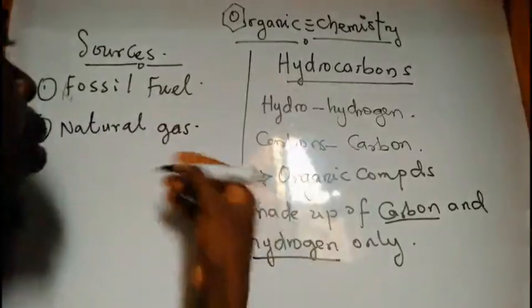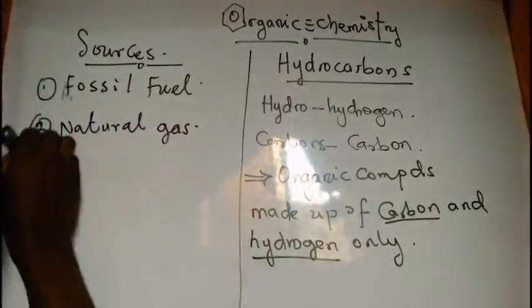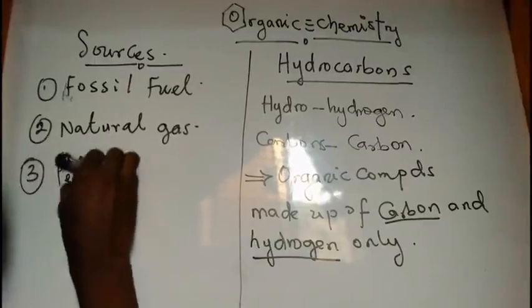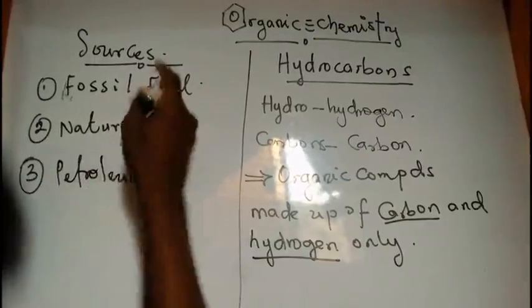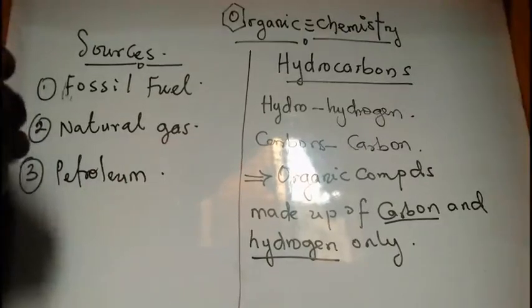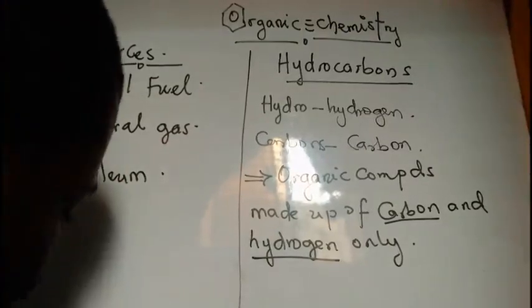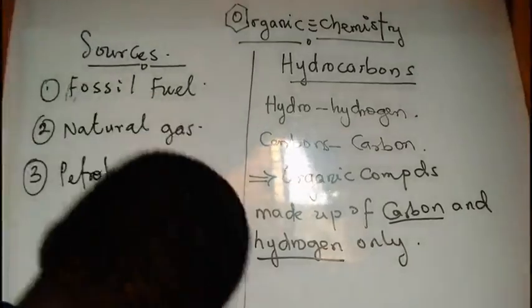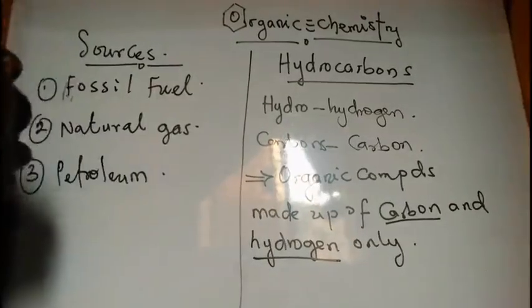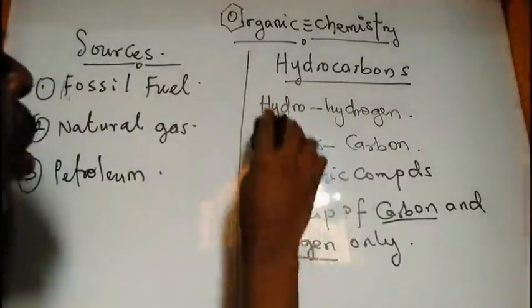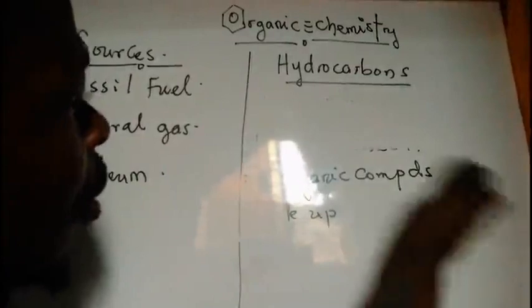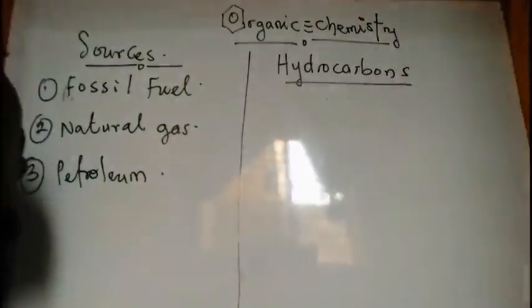We can get most of these hydrocarbons also mainly from petroleum. So these are some of the natural sources where we can get hydrocarbons from. So to a large extent, when we want to establish the places of hydrocarbons, there are basically three major forms by which we can get these hydrocarbons.